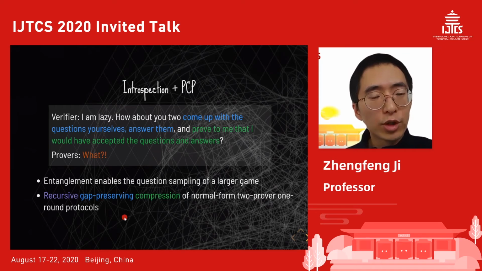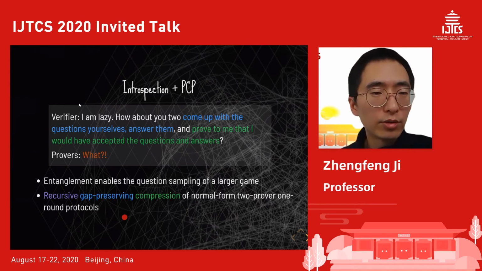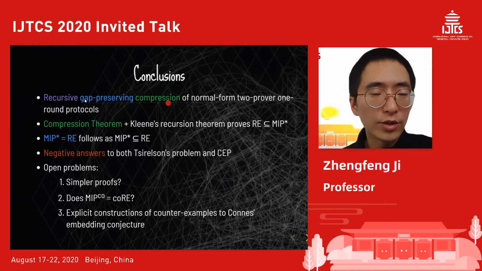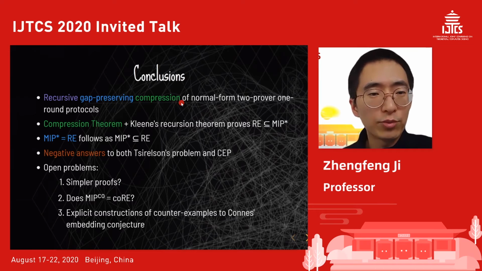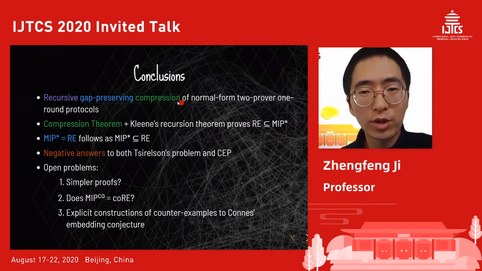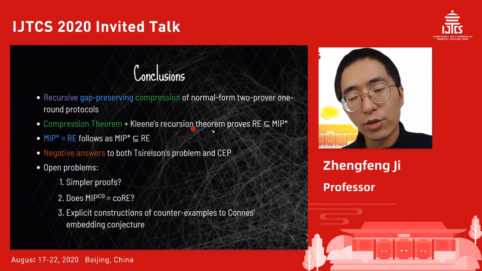So to conclude, the technical idea is to show that you can do a recursive gap-preserving compression. Unfortunately, I don't have much time to go into the details, but that's how we prove this compression theorem. Once you have the compression theorem, you can use Kleene's recursion theorem to prove that RE is contained in MIP star.